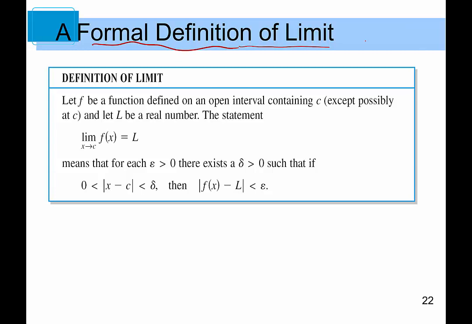The statement limit when x approaches c of f of x equals L means that for each epsilon greater than 0, there exists a delta greater than 0, such that if absolute value of x minus c is greater than 0, less than delta, then absolute value of f of x minus L is less than epsilon.